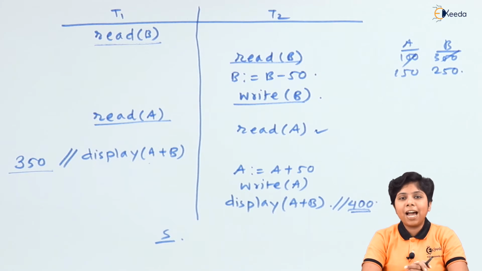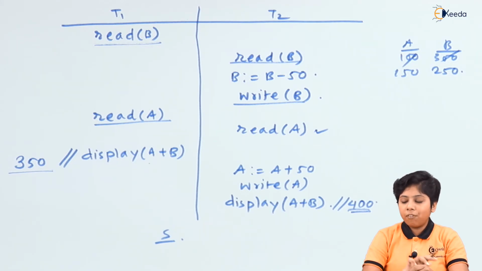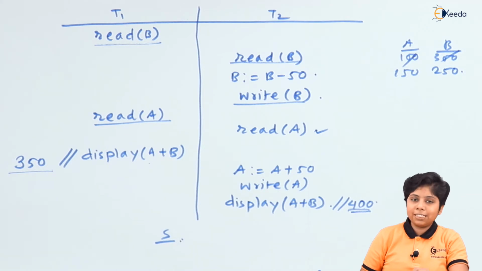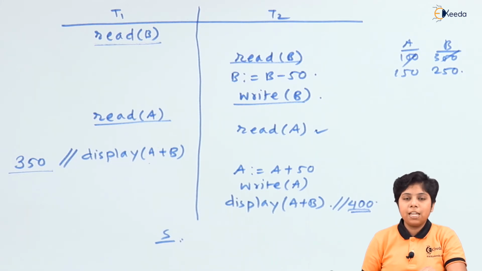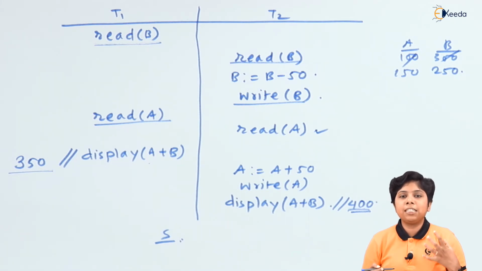So now we have a conflict serializable as well as deadlock free schedule for this timestamp based protocol. This schedule S is serial, conflict serializable, and also free from any deadlock situation.